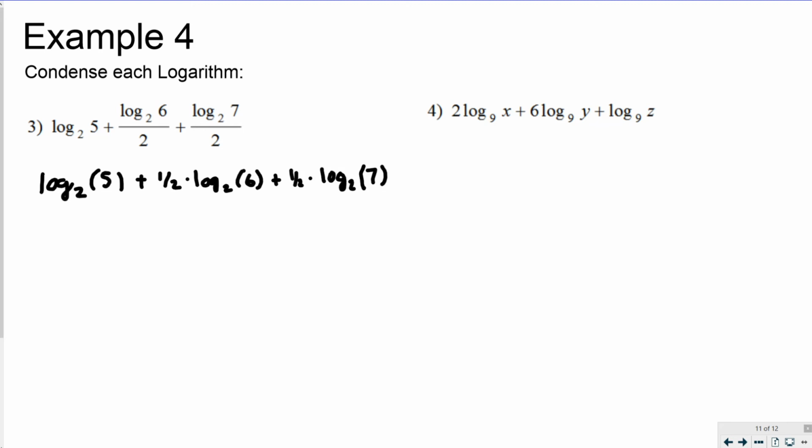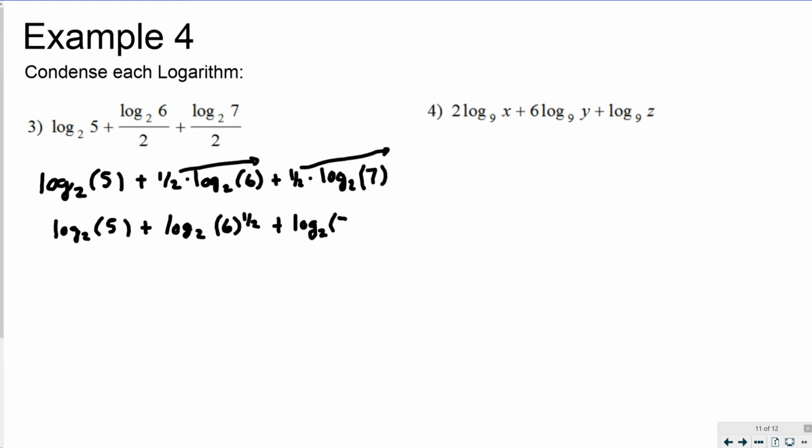So the first thing we're going to do here is kick these 1/2s up to be exponents using the power rule. So I get the log base 2 of 5 plus log base 2 of 6 to the 1/2 power plus log base 2 of 7 to the 1/2 power.